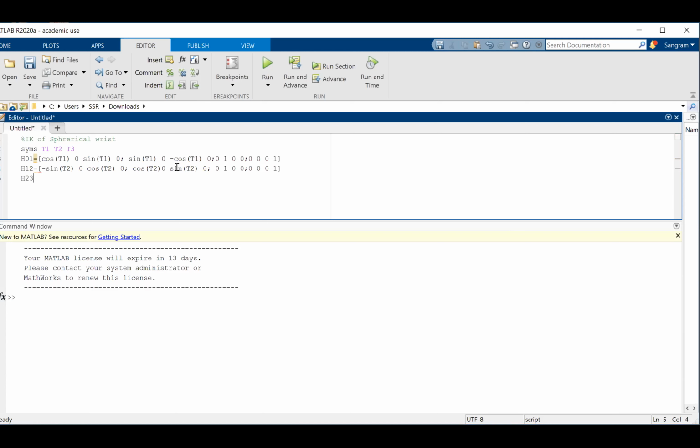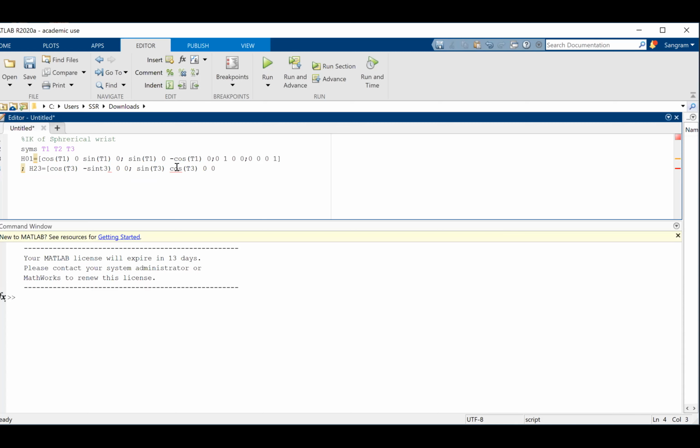Then the last one is H23, which is cosine T3, minus sine T3, 0 0, sine T3, cosine T3, 0 0, 0.